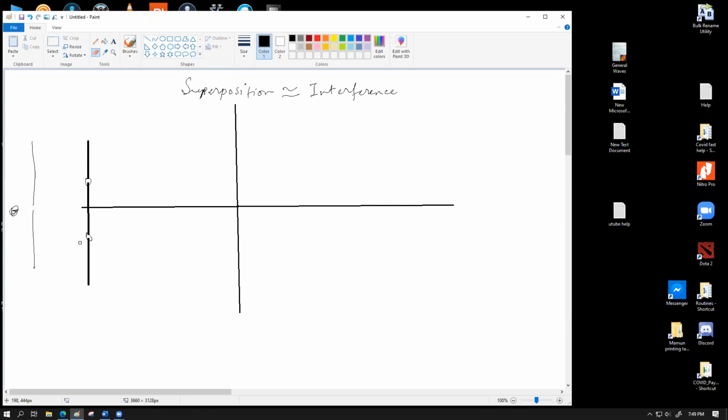So there wouldn't be any pattern, or any discipline for which phase of the light wave actually reaches these two sources. And if we don't have that discipline, we cannot produce an alternating bright and dark pattern on the screen. So that's the importance of two coherent sources.